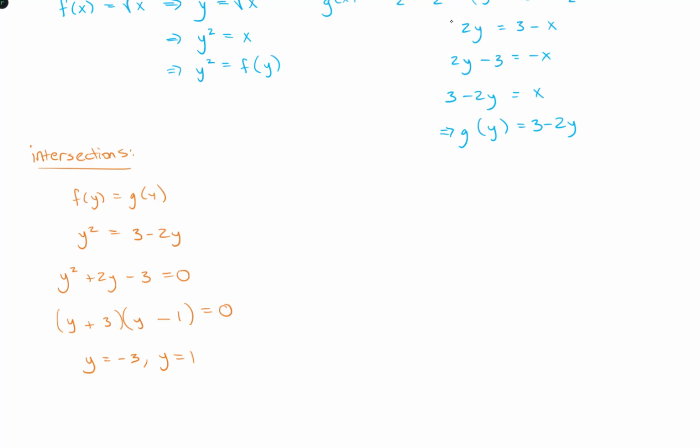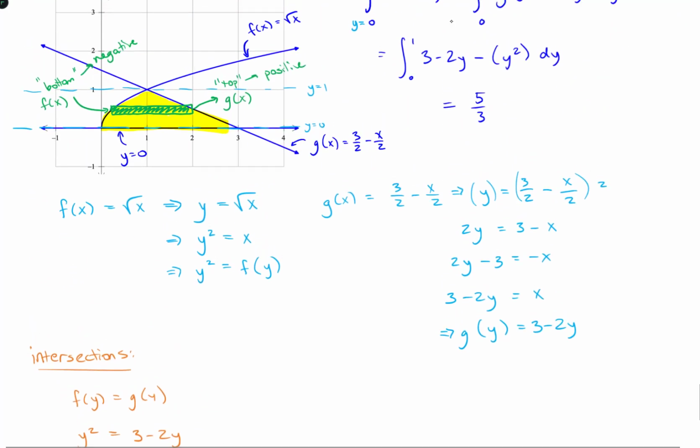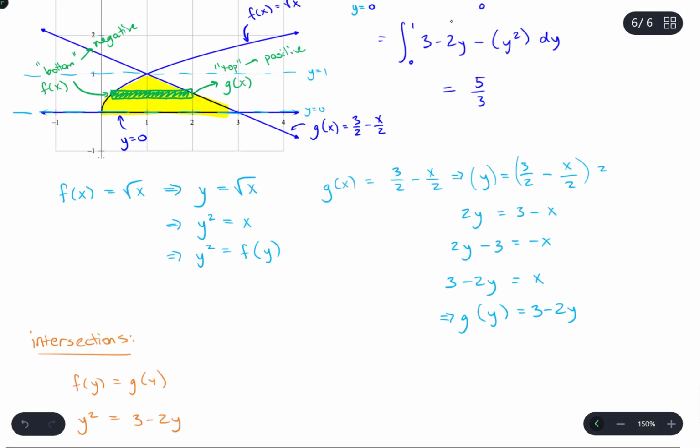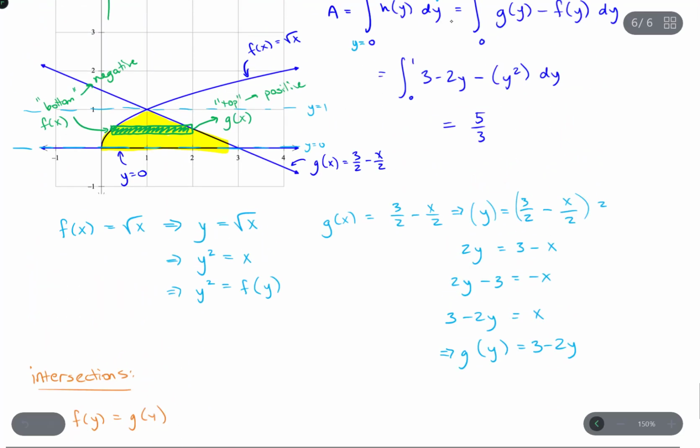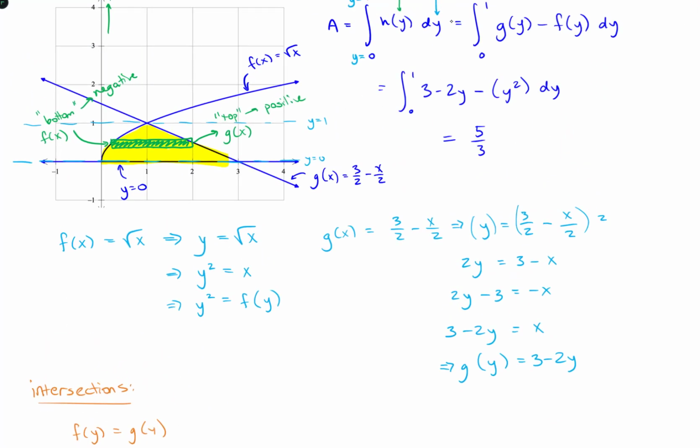Now just be careful because these are y's and not x's. So there's an intersection between these curves at y equals -3, and y equals 1. We're definitely seeing this intersection here with y equals 1, but what they're saying is there's another one at y equals -3. And the reason is this particular graph has a lower portion, and this line extends this way.